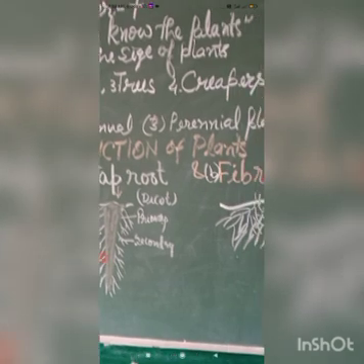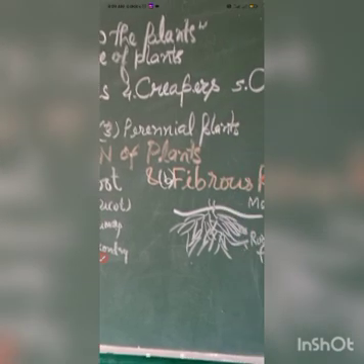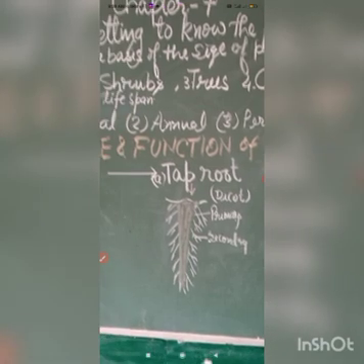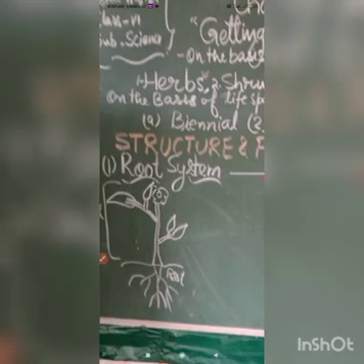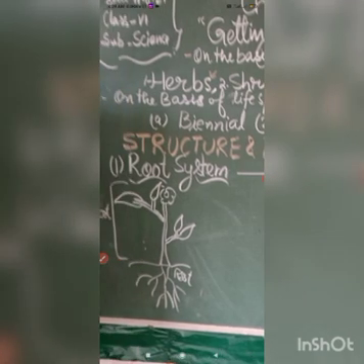And the perennial plants are those plants which require so many years to complete their life cycle. The large, long trees are the example of these perennial plants, like mango, guava, etc.